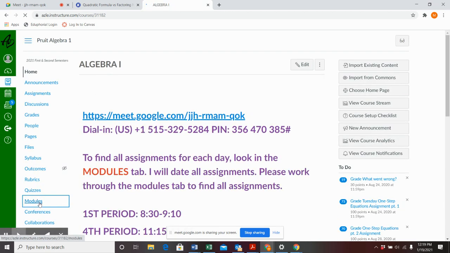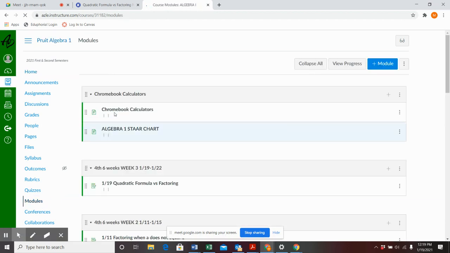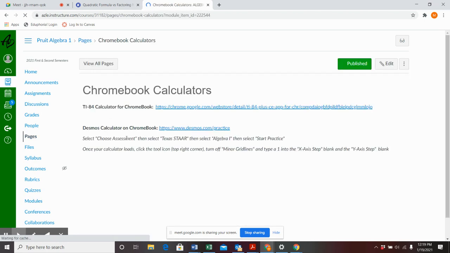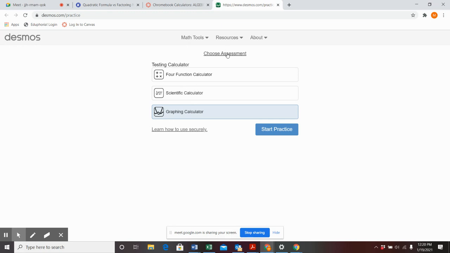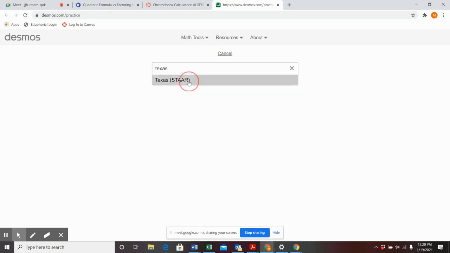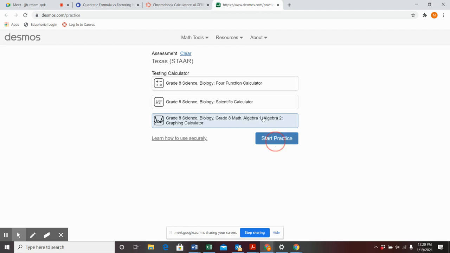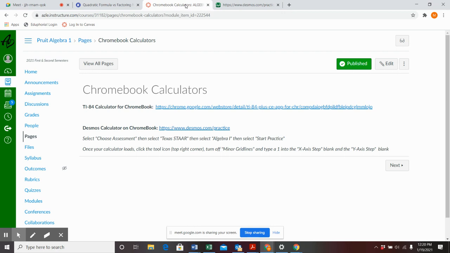Go to Modules, Chromebook Calculators, Desmos. And then make sure when you choose assessment, you go to Texas. It'll bring up STAAR, and this is what we're using for the STAAR, so you might as well get used to using it now, right?